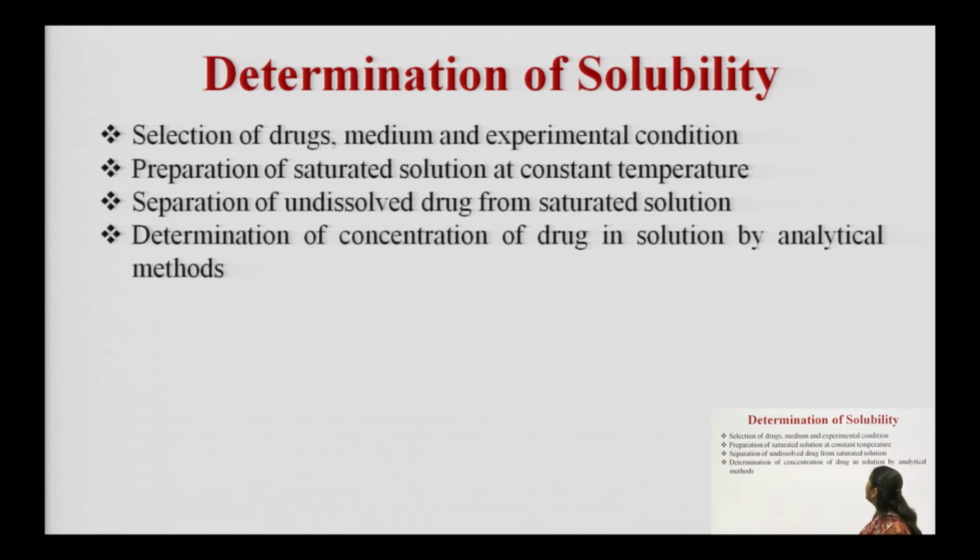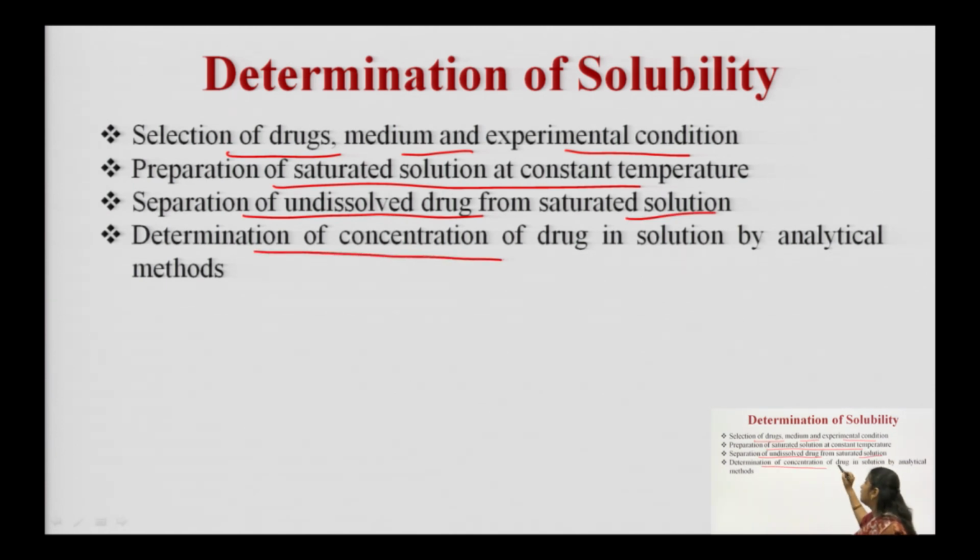Then comes determination of the solubility. Now, how can we determine the solubility of a drug in a solution, or how can you find out the solubility of a drug? For that, first we have to select the drug, then we have to select the medium and the experimental condition, then we have to prepare the saturated solution at a constant temperature, then we have to separate the undissolved drug from the saturated solution, then we have to determine the concentration of the drug in the solution by an analytical method.